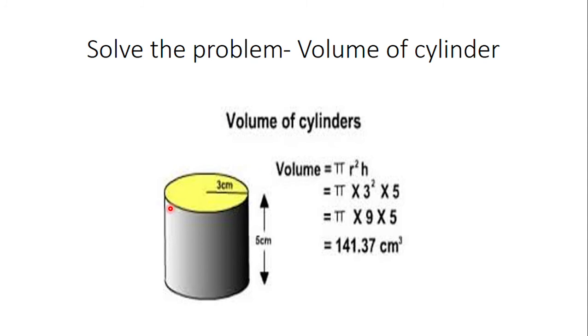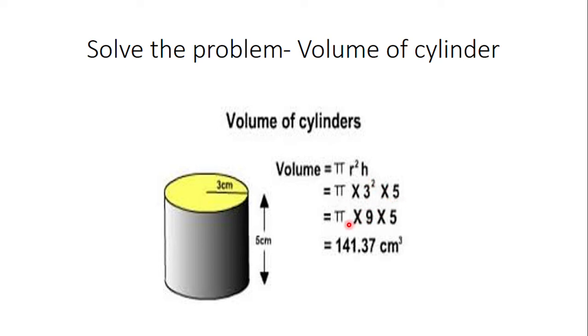So let us solve a problem by using the formula pi r square h, where we have a cylinder with a height of 5 centimeter and the radius of the base, which is a circle, is 3 centimeter. So pi is just written as pi. R square, we just substitute 3 centimeter, 3 to the power 2 into height, which is 5 centimeter.